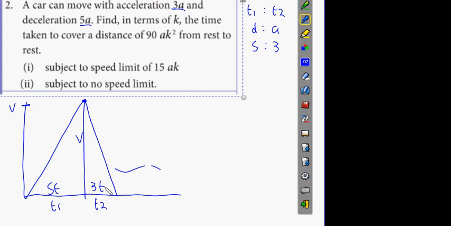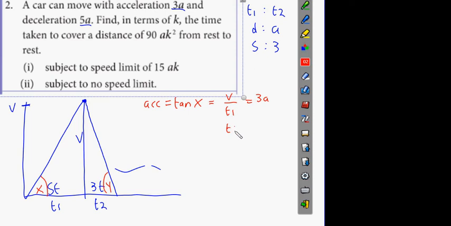Now, if you're not comfortable with doing it that way, there's another way around that. You could also use your angles x and y, and what you could say is acceleration equals tan x. Tan x equals phi over t1. Therefore, phi over t1 is the same thing as 3a.